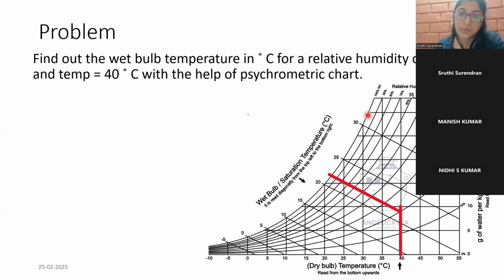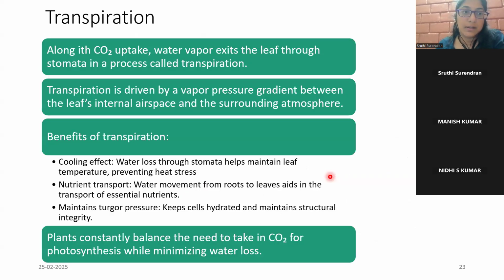Wet bulb temperature means we need to find the diagonal line. So draw a diagonal line that intersects the relative humidity at 100%, and that will give you the wet bulb temperature. So this is how so many quantities like the saturated vapor pressure, actual vapor pressure, temperature, relative humidity are all linked with each other.